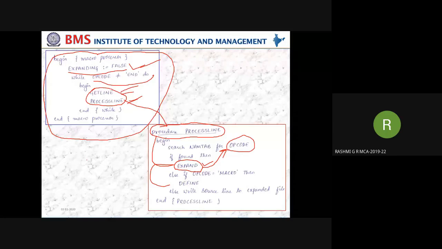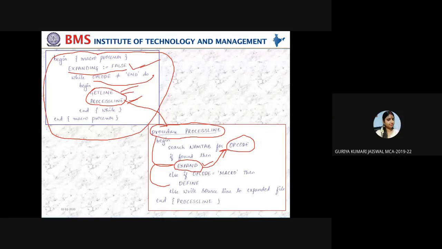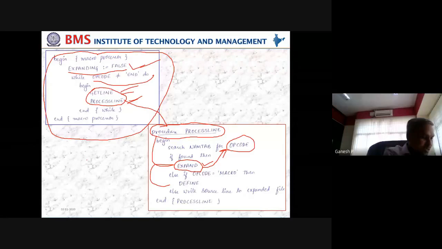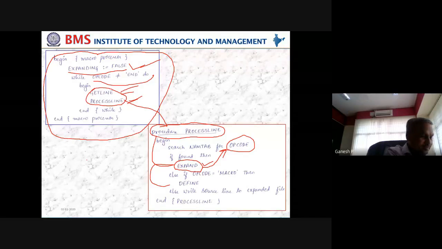Sir, Aishwarya, Rashmi present, present, sir. Rashmi present given. Aishwarya given. Present, sir. Benita present, sir. Manisha? Aishwarya, sir. Benita, okay. Aishwarya done.